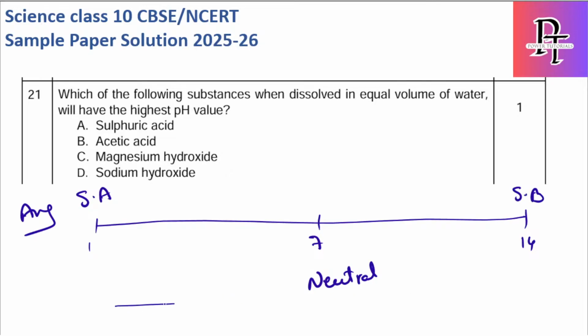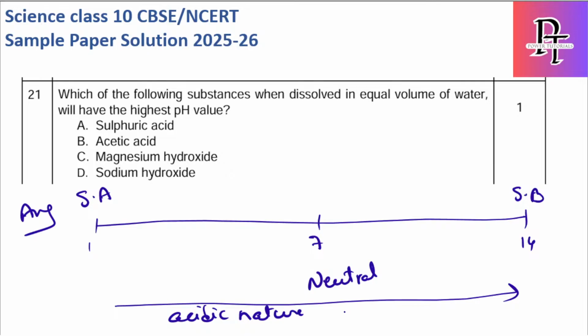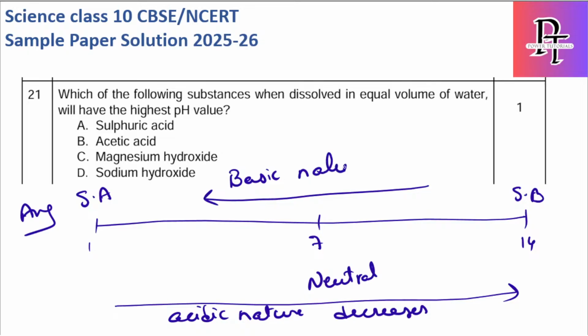If you move to the right side, acidic nature decreases, and if you move to the left side, basic nature decreases. Or simply, if you move to the left side, acidic nature increases. If you move to the right side, basic nature increases.